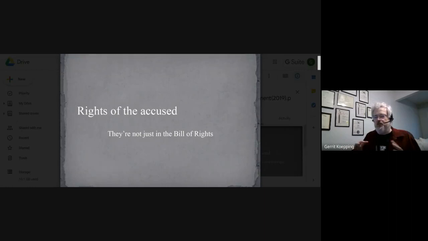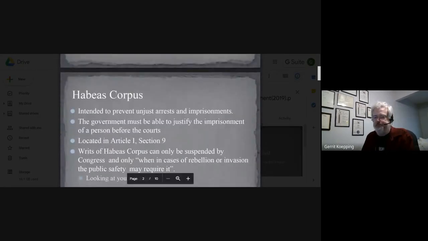So there's a reason we have the rights of the accused: criminal statutes have been used to silence political opponents and to target minorities, and this is one of the reasons why we have these protections to protect these groups.